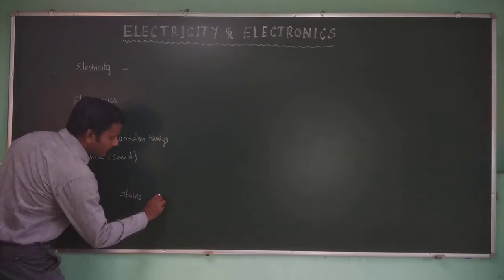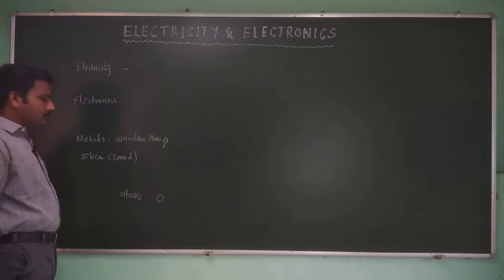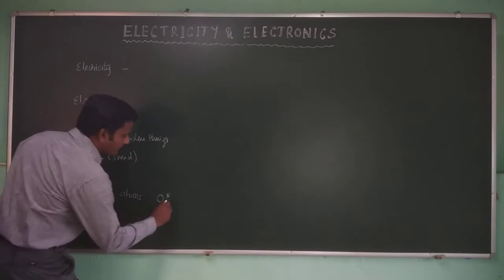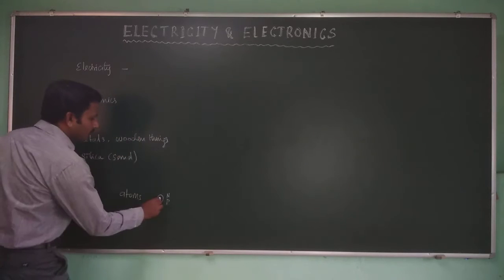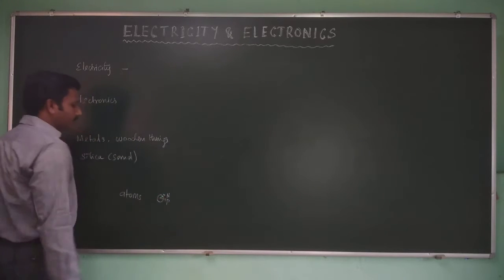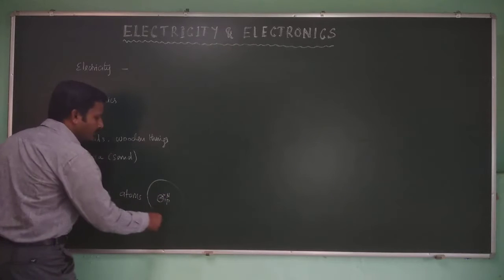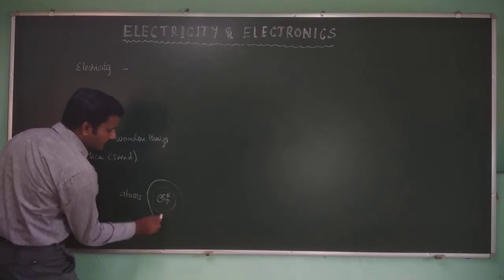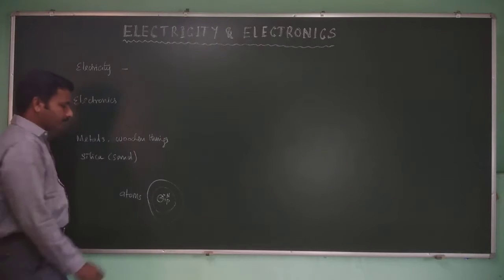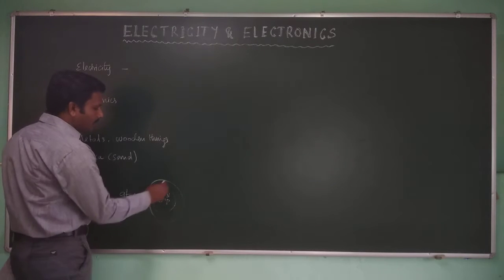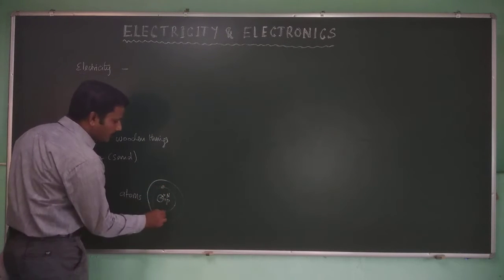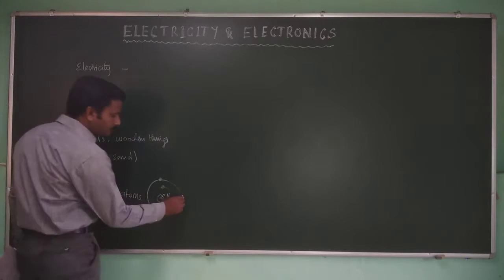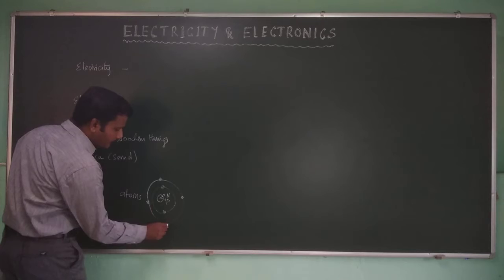So if you look into it, an atom has a central nucleus which contains neutron and proton. Both are present in the central nucleus, and there are circular paths. According to classical theory, there are circular paths in which electrons are revolving around this nucleus.